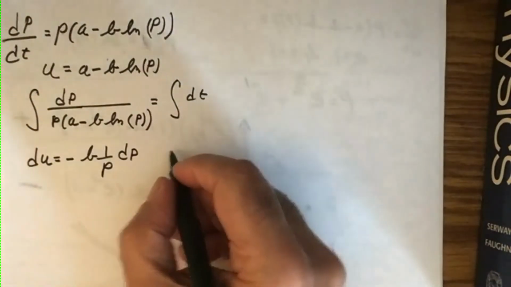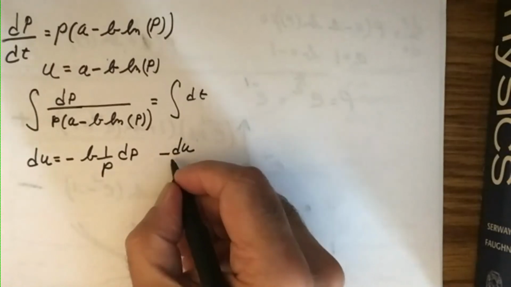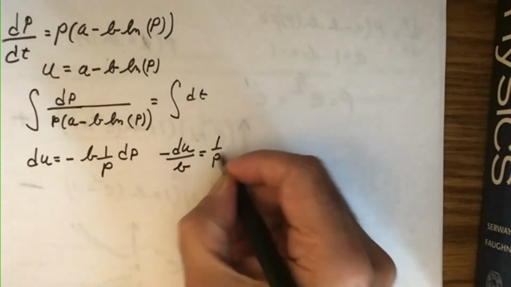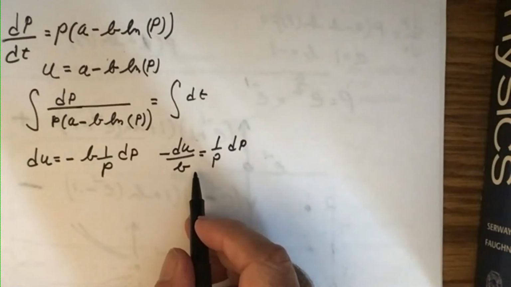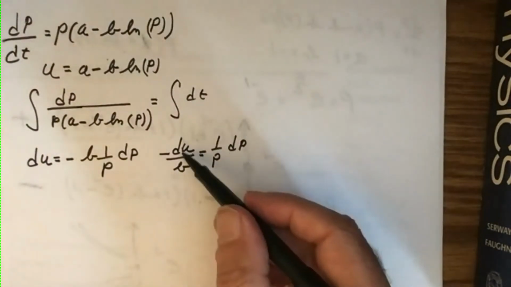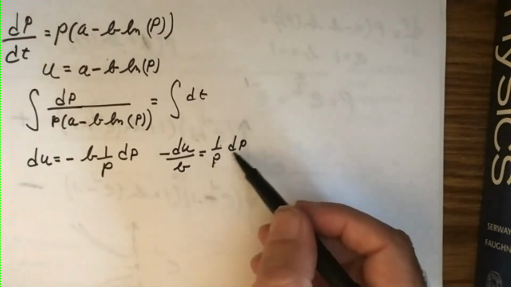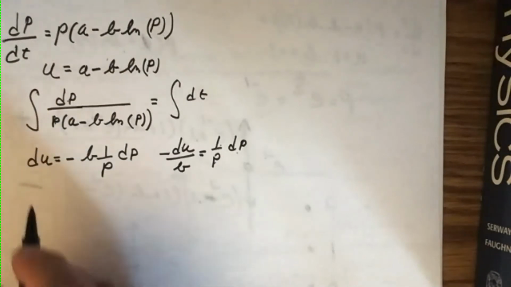So that also means that minus du over b is equal to 1 over p dp. Right? So now I have that minus du over b is equal to 1 over p dp. And that's what I have here: a dp over p.